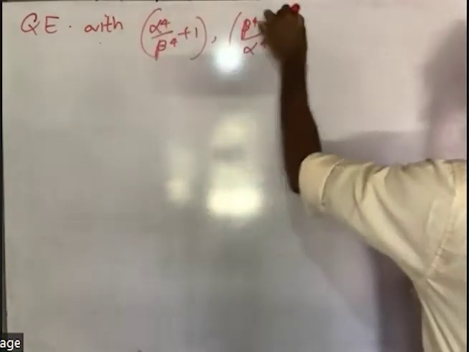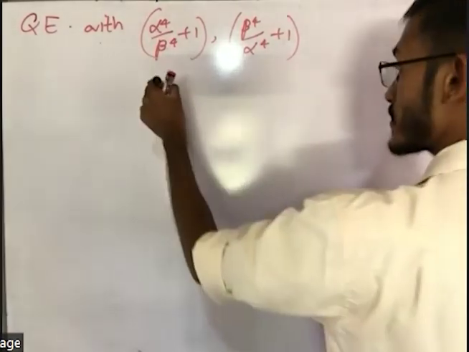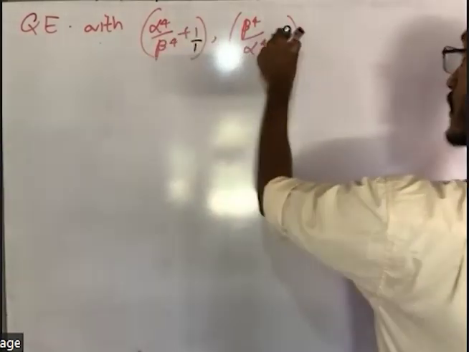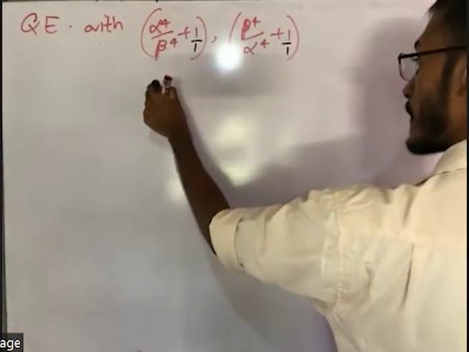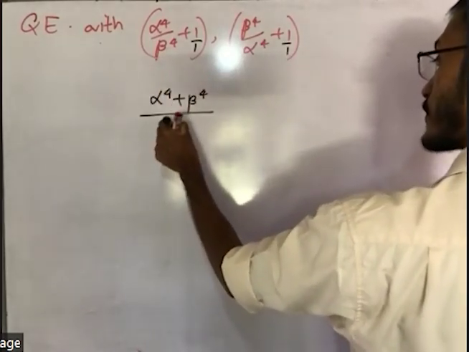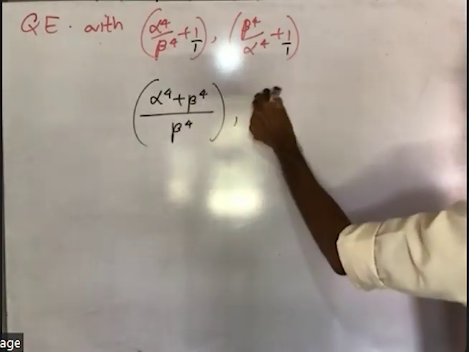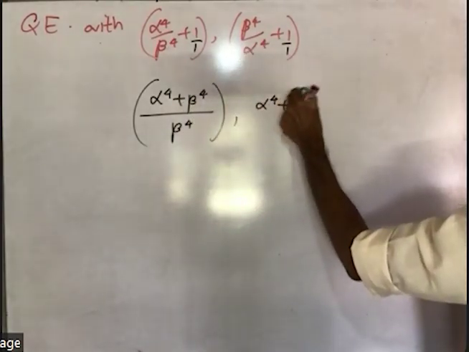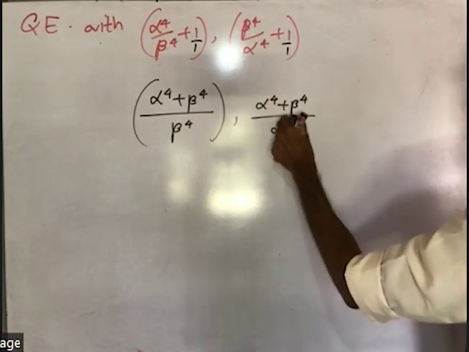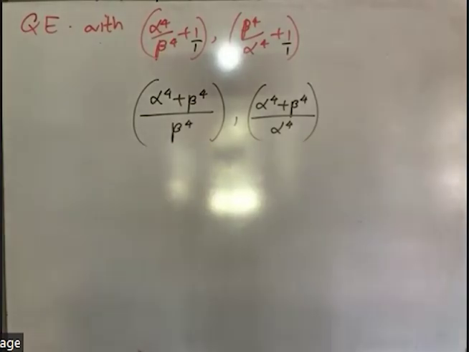Right. Now, as in the previous question, you can take the common denominator, then alpha to the power 4 plus beta to the power 4, here alpha to the power 4 plus beta to the power 4, here alpha to the power.